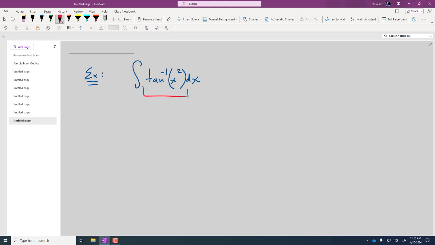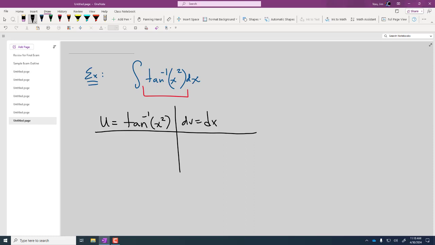Right? You can't put it with the dv because to get to v from dv you integrate and then you're back to where you started. So it has to go with the u. So our only choice is to do that. And that means that dv is just dx. Integrate, you get v is x.